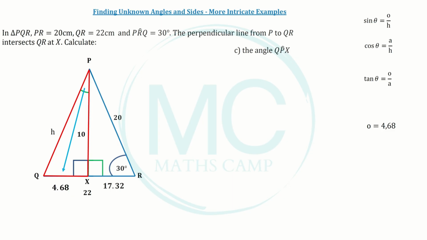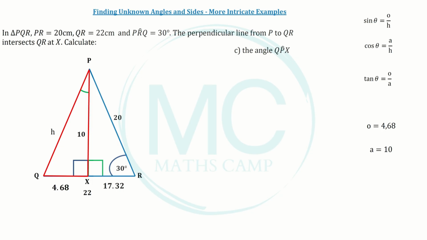Finally, we can find our adjacent side. We know that this is our hypotenuse, which means that this must be our adjacent side. PX is 10 units long, so we can make a note of this, and we say the adjacent side, A, is equal to 10. Now we have the opposite side and the adjacent side, and we need to find an unknown angle.